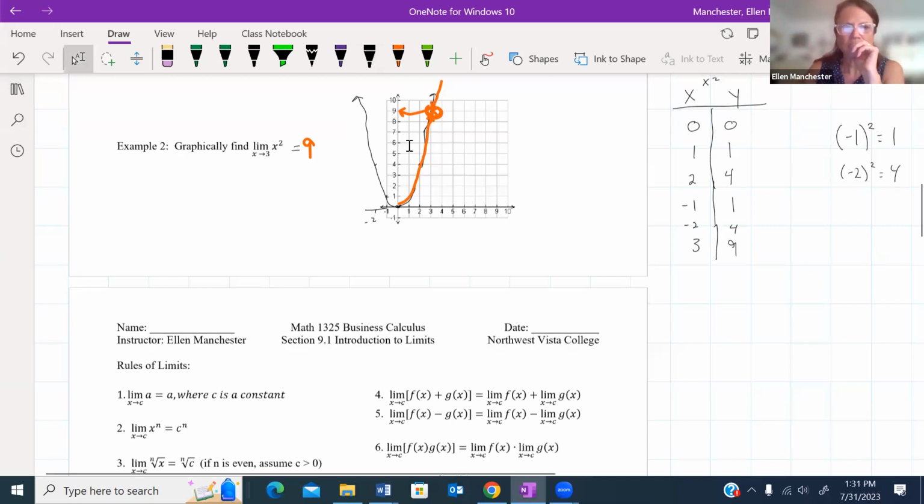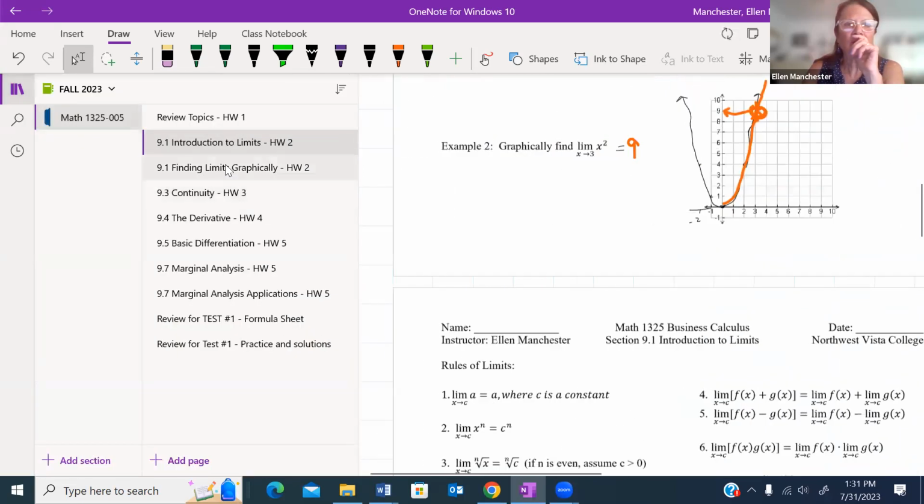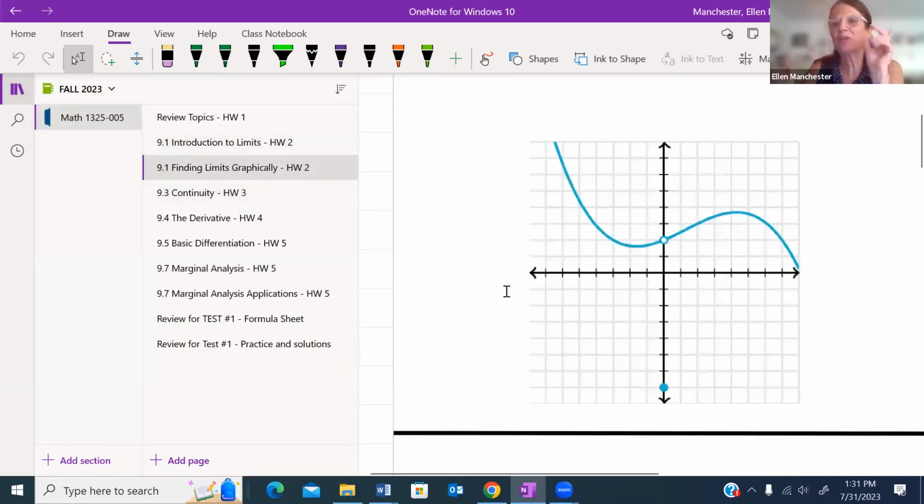So we're going to talk more about limits graphically, because that to me is the most important part. Algebraically, we put it into the function and we figure it out. But what I want you to really get in your mind is, what is the value approaching? And is it approaching from the right and the left? Does it approach the same value?